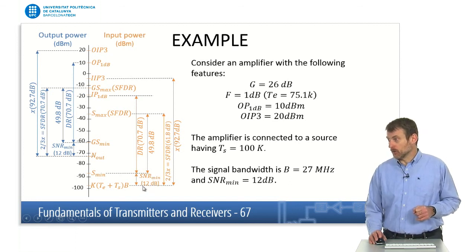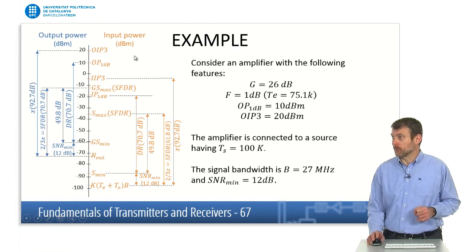Now, going from the other side, from the top to the bottom, now we know that the third order intercept referred to the input would be about minus 5 dBm, which would be 10 dBm minus the gain.